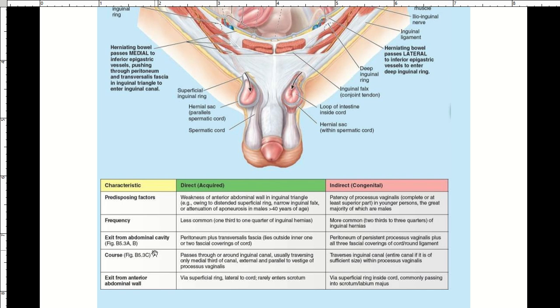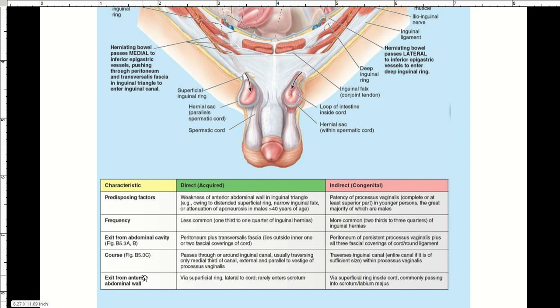Then the exit from the abdominal cavity. For the direct hernia, we have the peritoneum plus the transversalis fascia, and it lies outside the spermatic cord. For the indirect, you're going to have the persistent processus vaginalis as part of it, and all three fascial coverings.